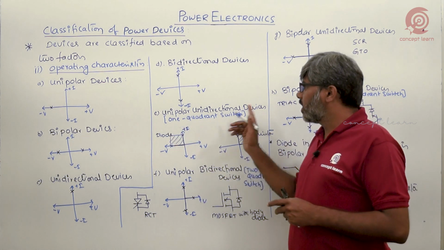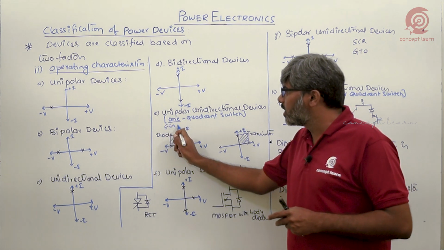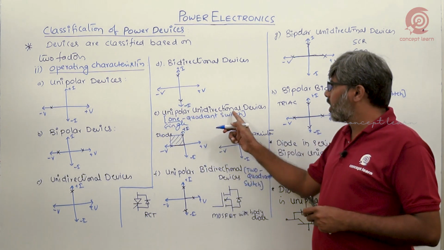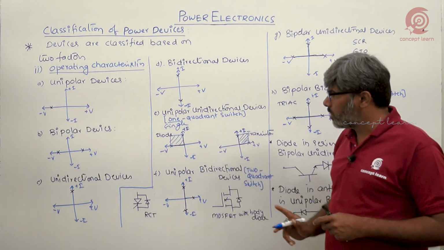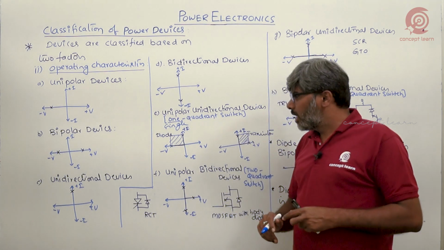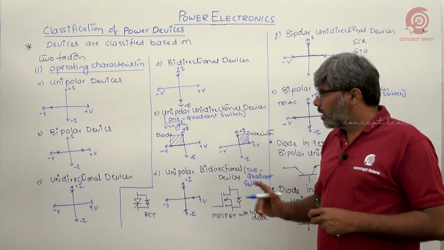So a unipolar unidirectional device is a single quadrant switch. Examples: diode and transistor.